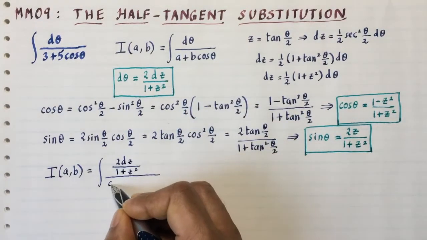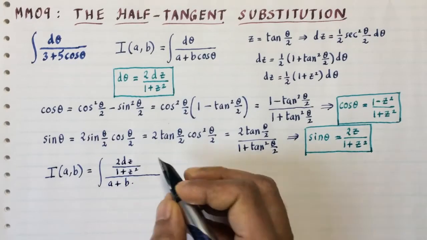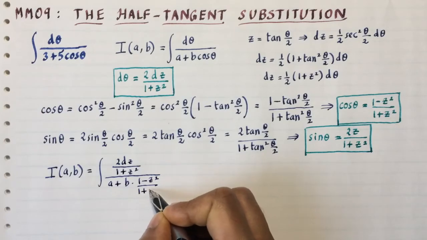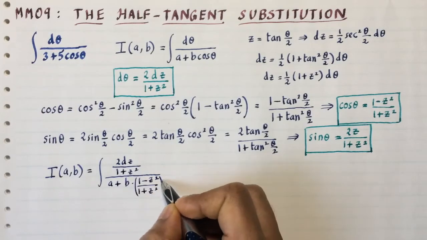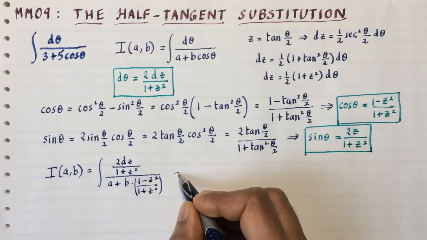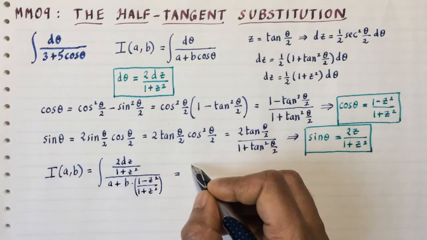So that's a plus b times cosine theta, which is 1 minus z squared over 1 plus z squared. Now you notice that 1 plus z squared will cancel out, so I can rewrite this as follows.